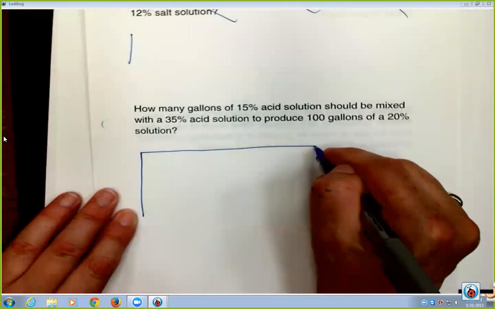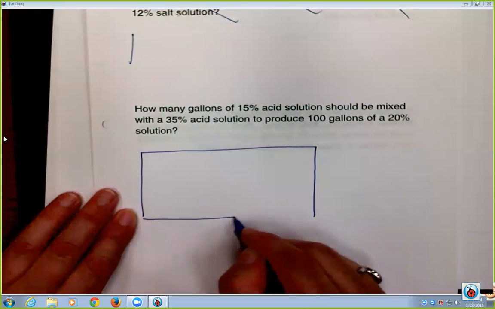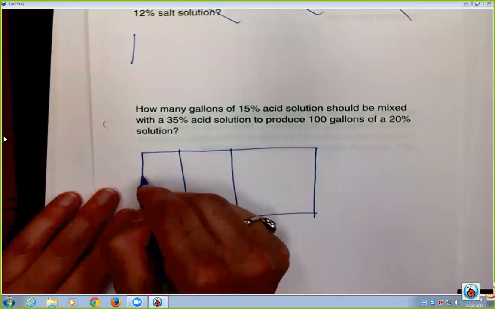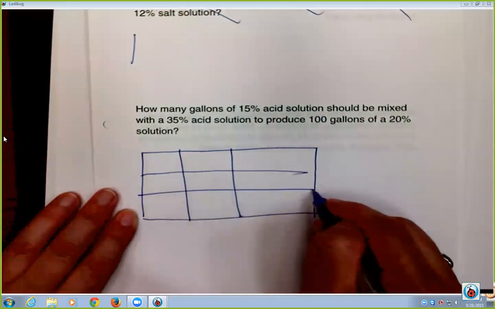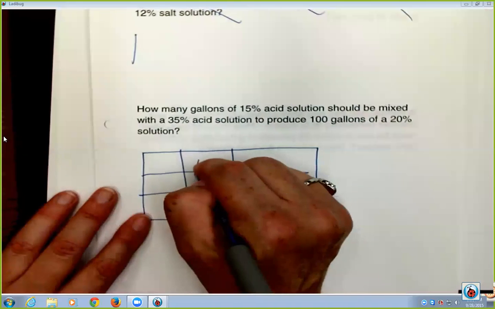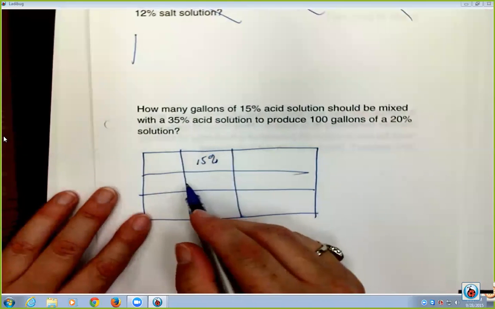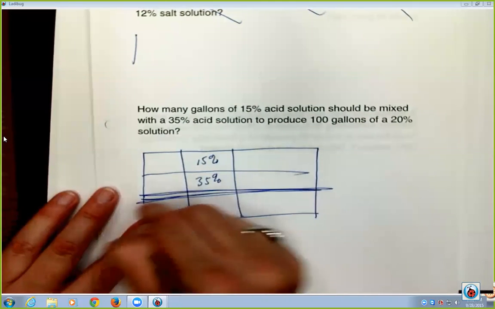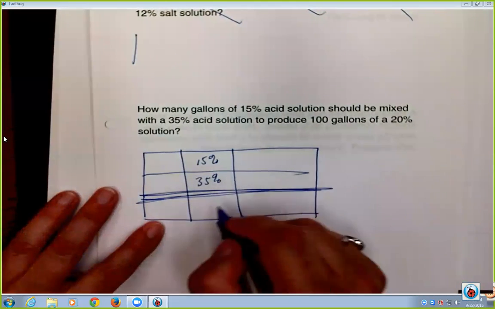So chart this stuff, because as you chart it, you're going to end up finding your values that you happen to have. So we have a 15% mixed with a 35% is going to equal a 20%.